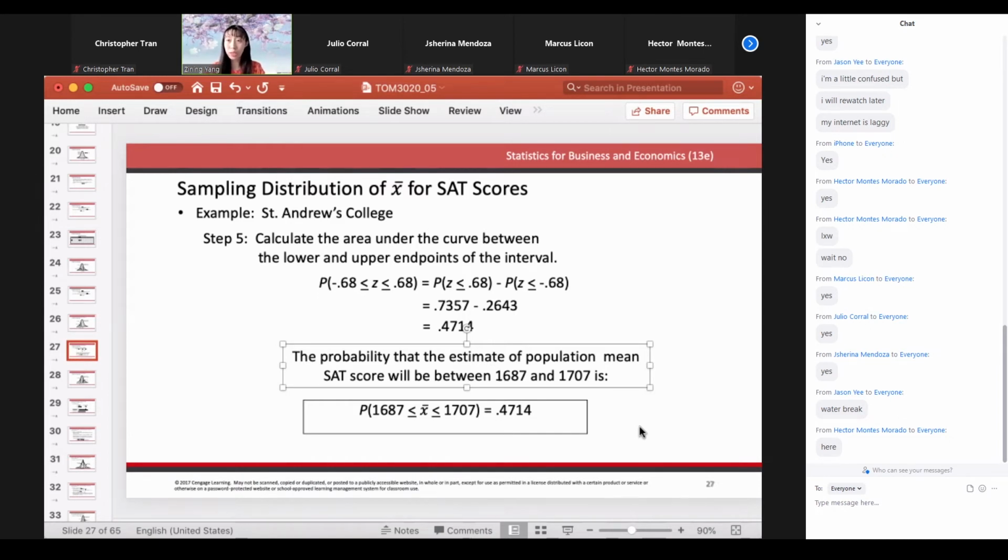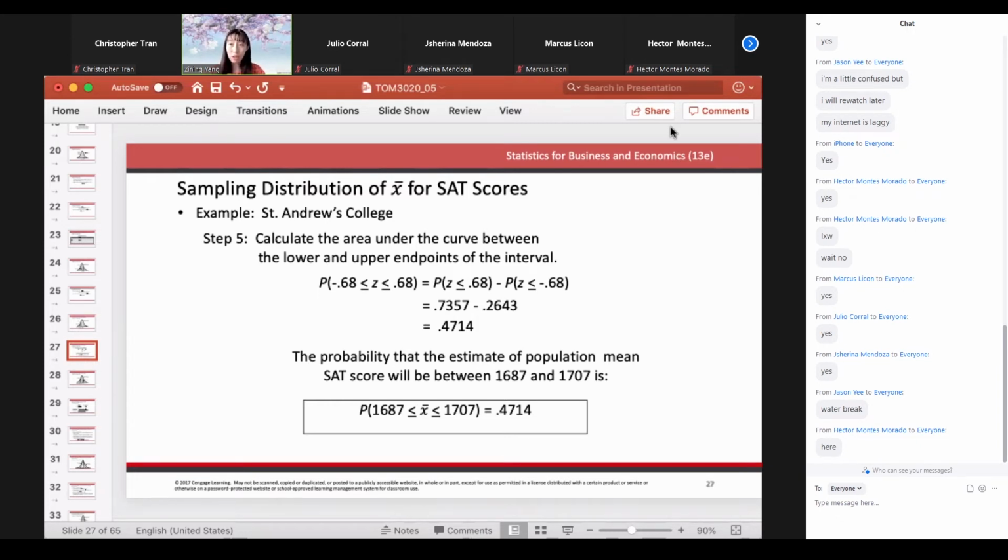And now the result tells us there's only a 47% chance that the sample mean will fall within this range. So it is not a very high probability, so we can't be very confident about our estimation.